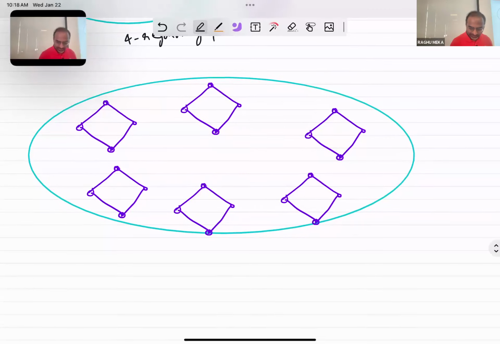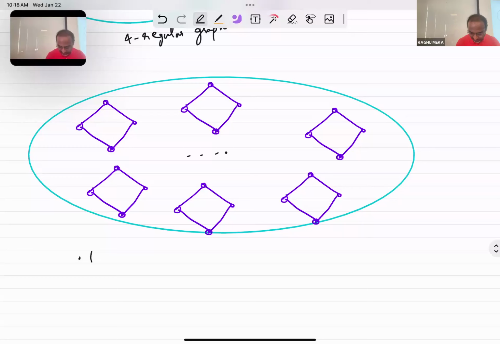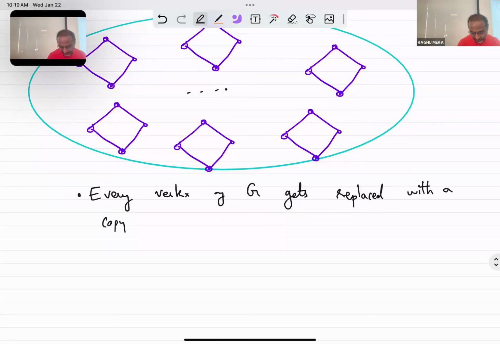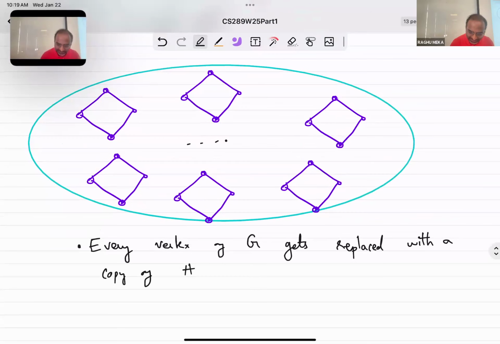Okay? And so on. So the first step is every vertex of G gets replaced with a copy of H. Okay, like a mini cloud. And then you have to define the edges. We'll do that in a second.